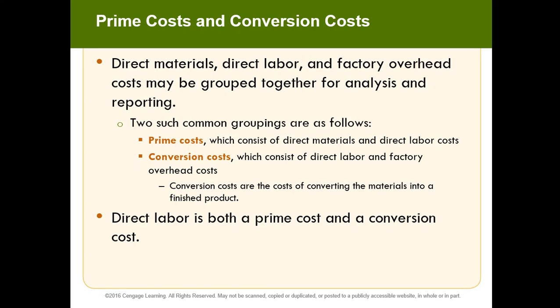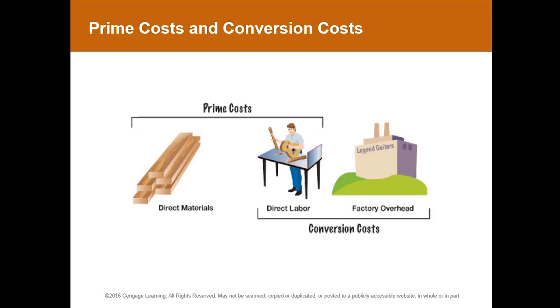Conversion cost is what is taking that product and converting it into something saleable. And that's, again, part of your direct labor, because they are the ones taking those direct materials and turning them into something else. And then all of the factory overhead, the machinery, all of that stuff, the costs are considered conversion costs. Direct labor is considered both.